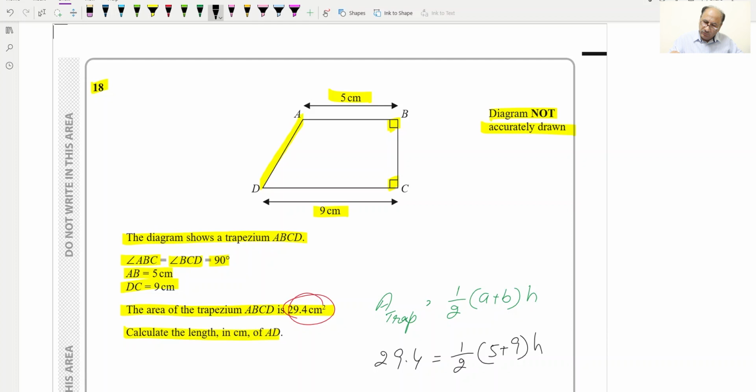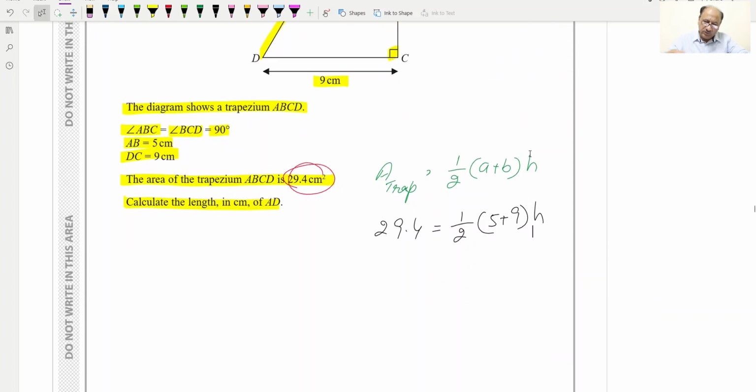From this formula we can find the value of H. H will be equal to, we can shift to the other side, 2 into 29.4, divided by 5 plus 9, which is 14.